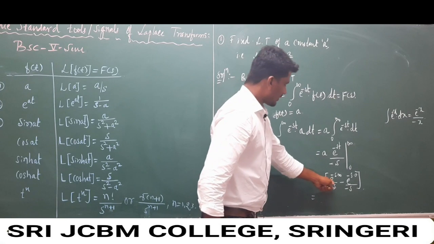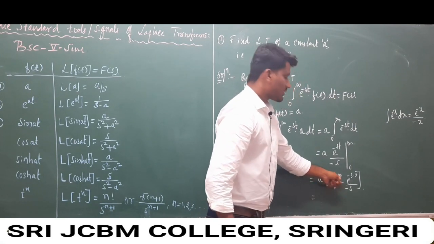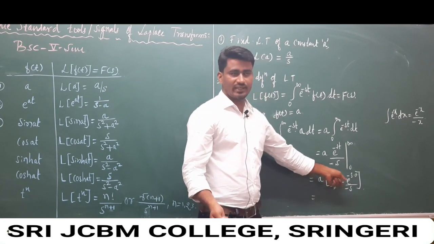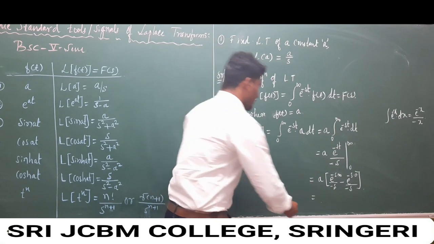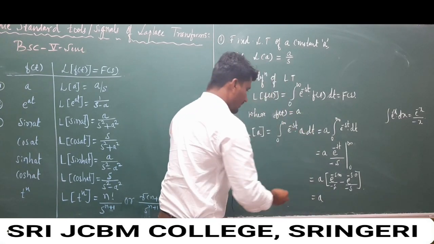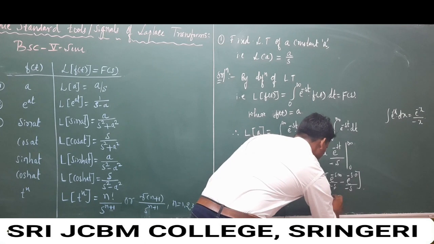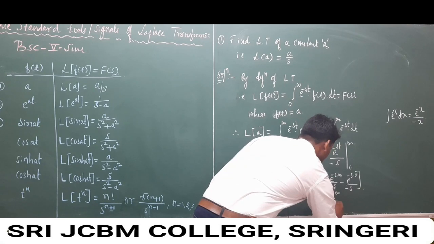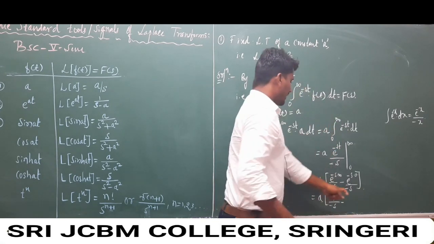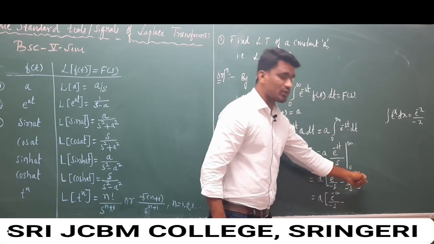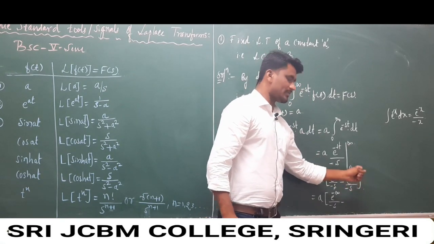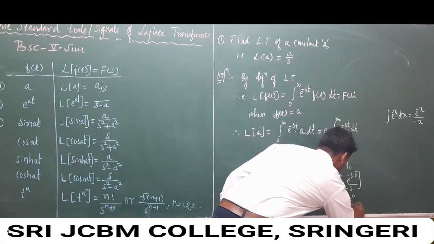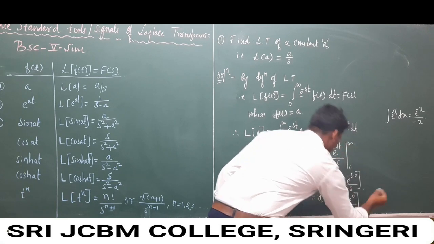In the next step, look here, e to the power minus s. Suppose any term is multiplied with infinity or added with infinity, then we get infinity only. So here a, e to the power minus infinity over minus s, and here e to the power minus s into 0. Anything multiplied by 0 gives 0 only. It means e to the power 0 over minus s.